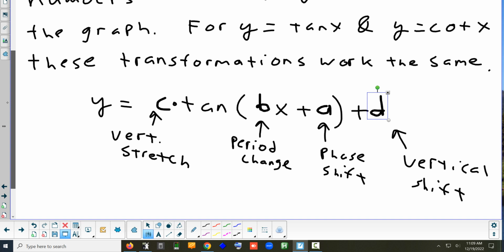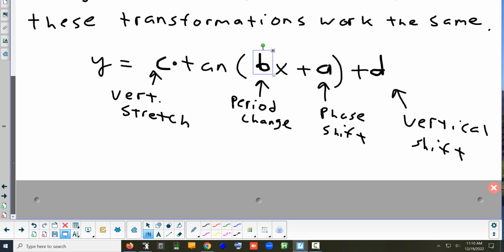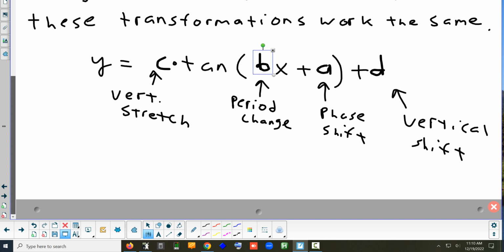So period change is horizontal stretch. And the bigger that you make B, what happens to the graph? The more compressed it gets. The bigger and bigger you make B, the more squished it gets. And the smaller you make B, like if you make B a fraction like 1/5, the more it stretches. Okay, so there's our formula that I usually put up for transformations.